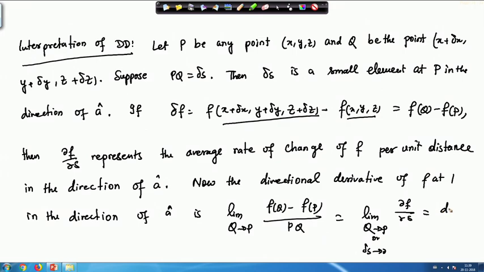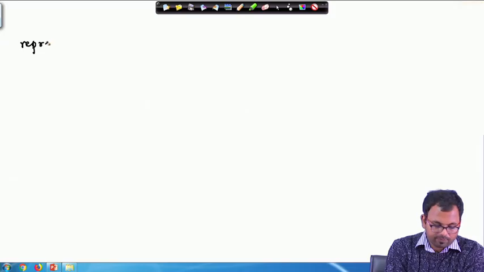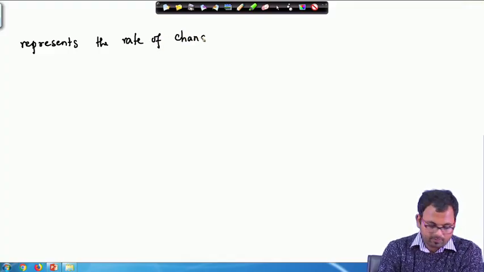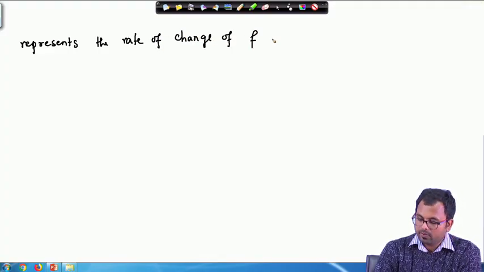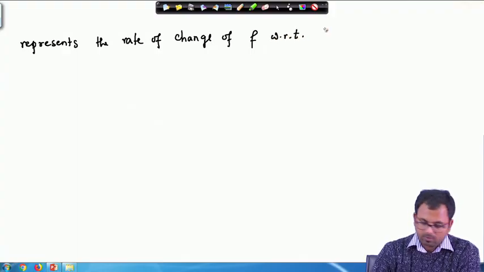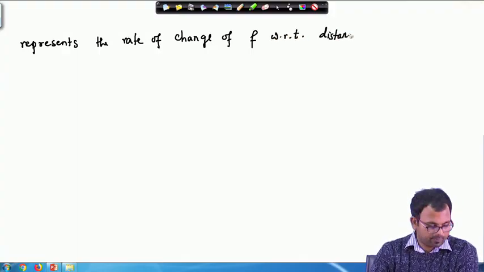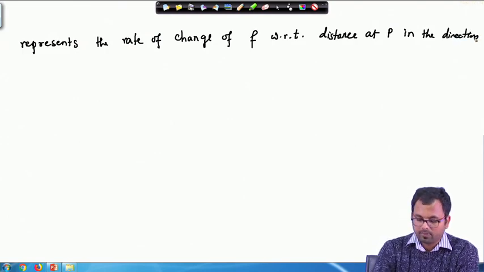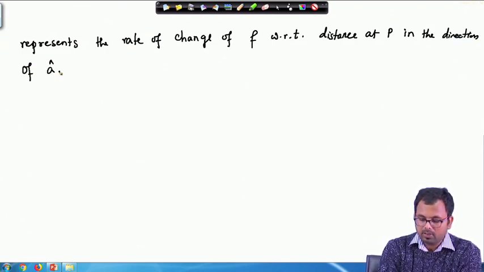This is nothing but df ds, because when delta s goes to 0, this whole thing will converge to df ds, and it represents the rate of change of f with respect to distance at P in the direction of a cap, which is a unit vector.